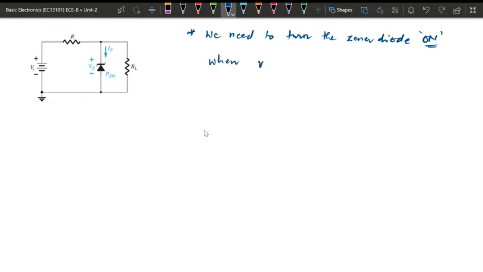This diode will be on when the voltage across the Zener diode is greater than or equal to Vz.